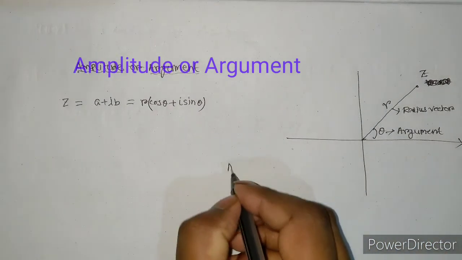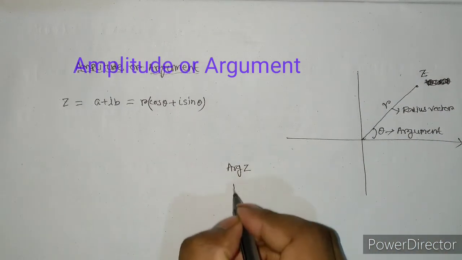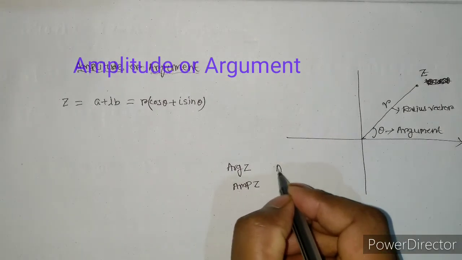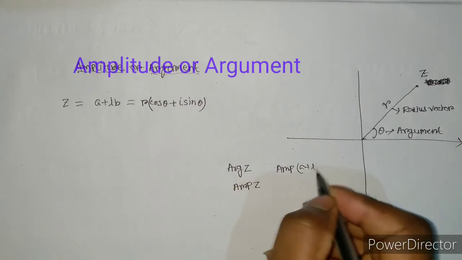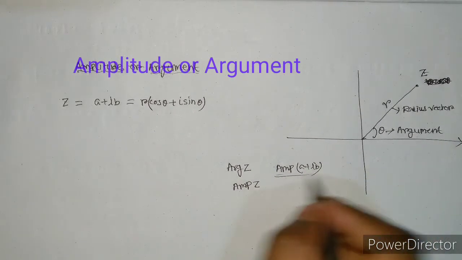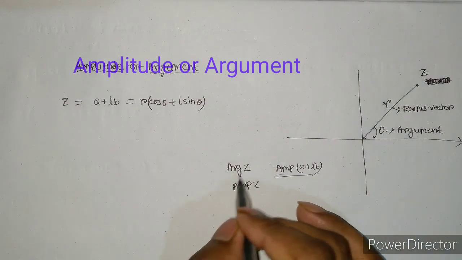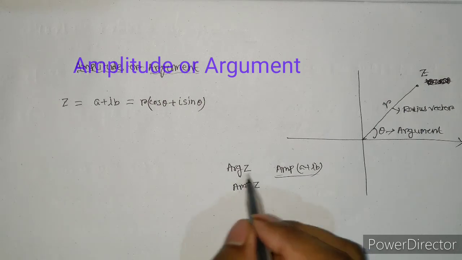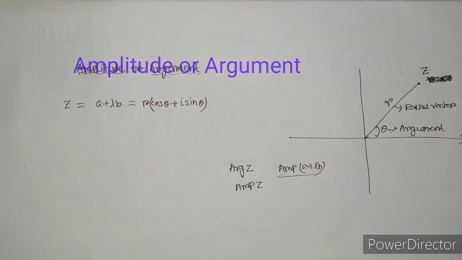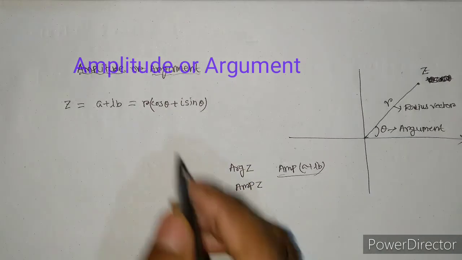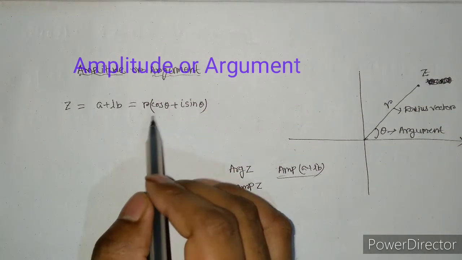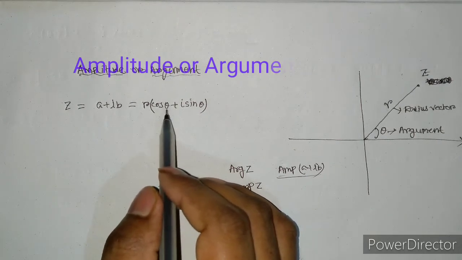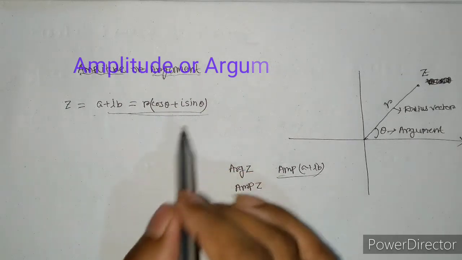And this is denoted by argument z, amplitude z, or amplitude a plus ib, or argument a plus ib. That means you have to write argument or amplitude before the complex number. And we know from trigonometry there are so many angles like theta which satisfy this.